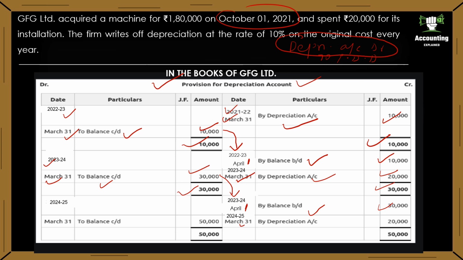Again on March 31, 24-25 we created provision for depreciation by depreciation account 20,000. Seeing credit side total is more, take the credit side total to both the sides. On 24-25 March 31 to balance carried down is 50,000.